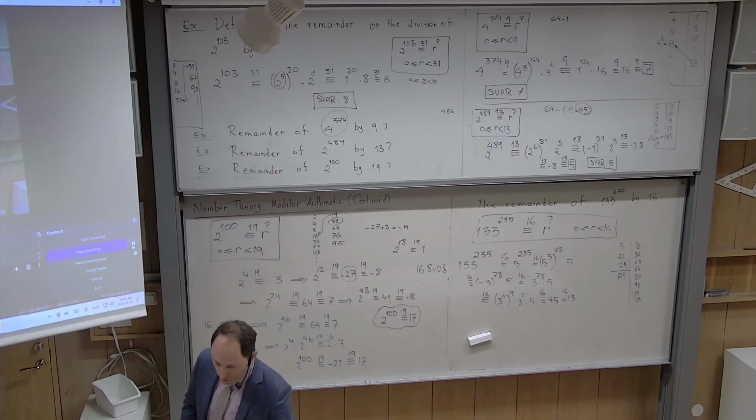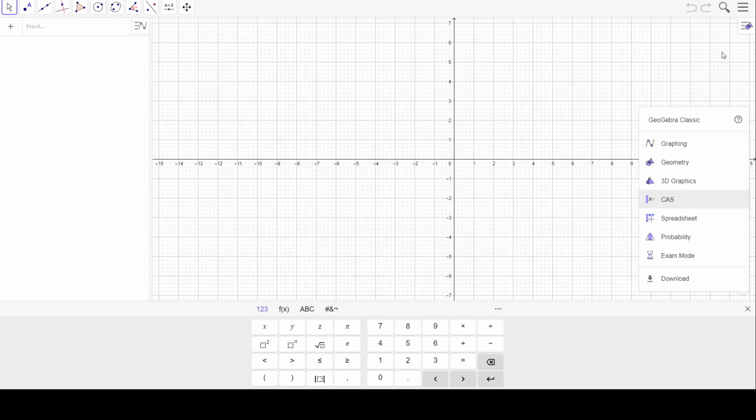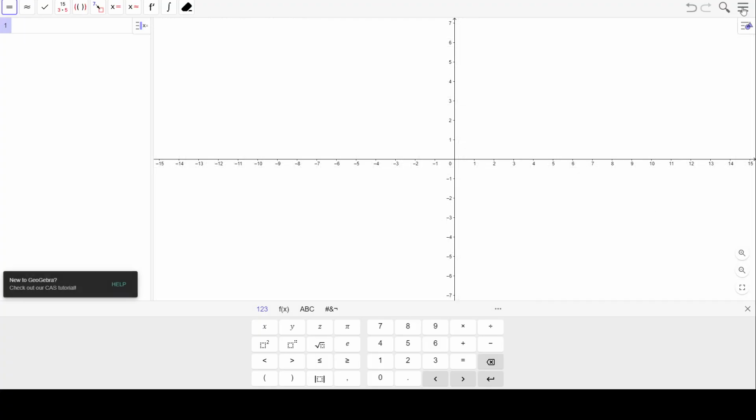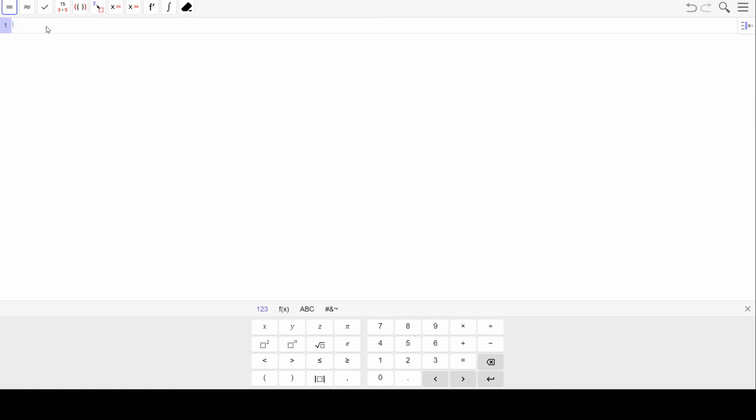So you can do the modular arithmetic using GeoGebra. So here, if you go to GeoGebra, we go to CAS view again. So let us get rid of the views that we don't need. And that is called mod, yes? So let us calculate to make sure that we haven't made any mistake. You just write mod, modular arithmetic, and then you choose this one.